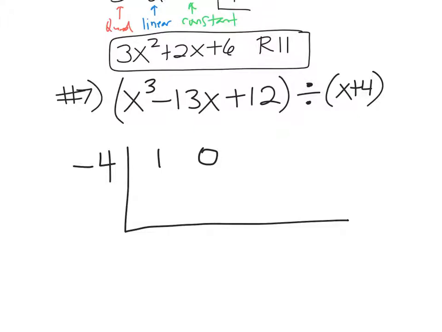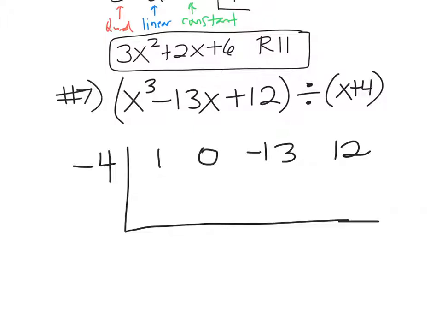You have to fill in anything that's missing with a 0. We have a negative 13 and a 12. That's the setup. So it's the opposite of your factor over here. So negative 4, this is plus 4. And then over here, it's 1x cubed, 0x squared, negative 13x, and 12.